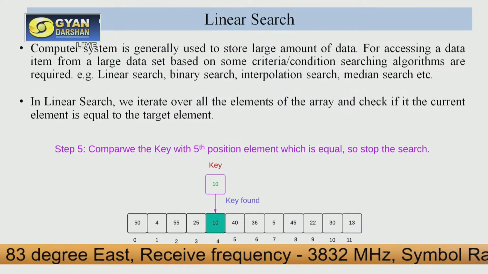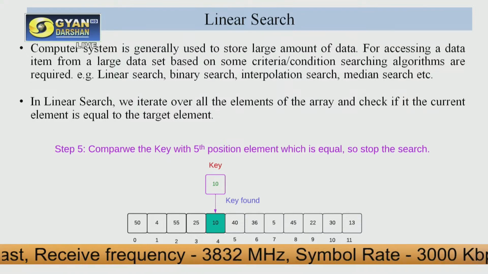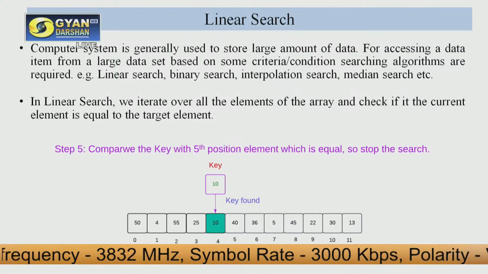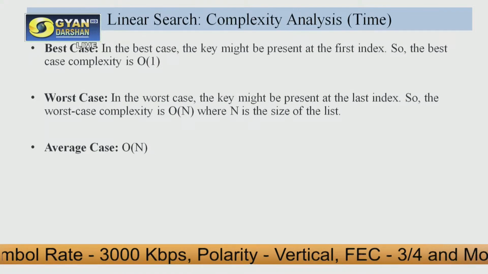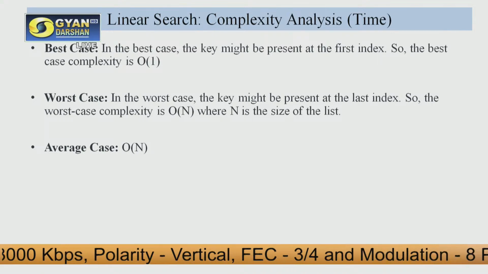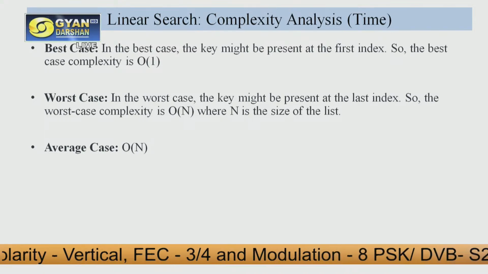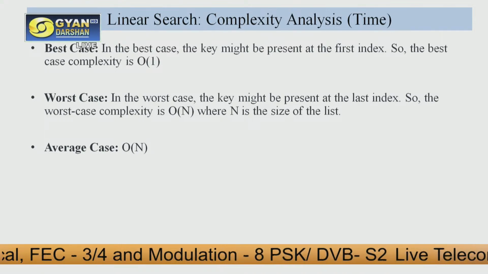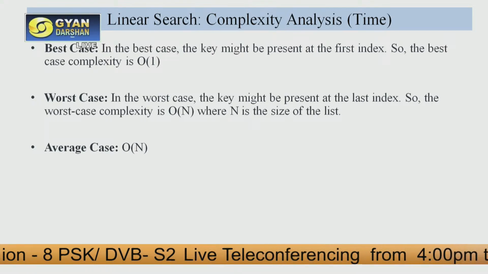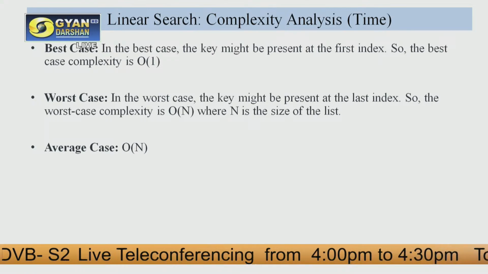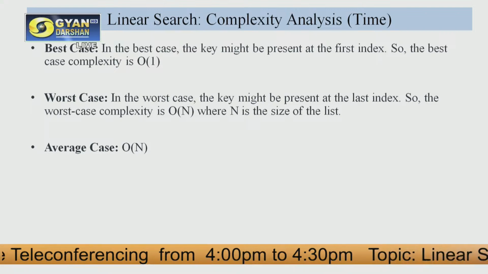Now comes the complexity analysis. I would like to discuss the time complexity here. In time complexity we discuss three types of complexity: what is the best case time complexity of the algorithm, what is the worst case, and what is the average case.